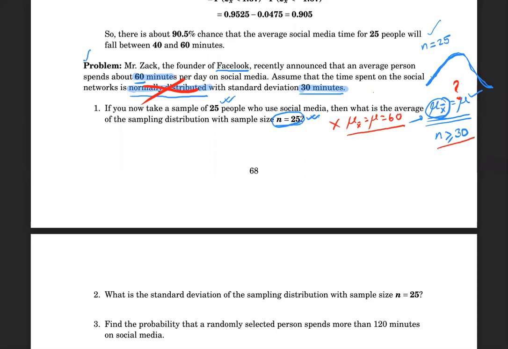However, we did say here that it is normally distributed, therefore it is gonna hold true, even though the sample size is 25. Is this clear to everybody? Yes.